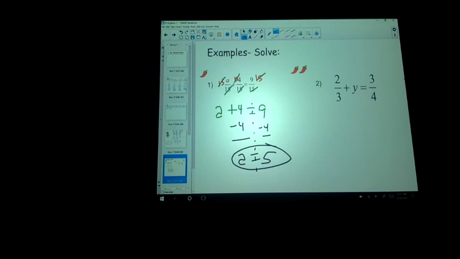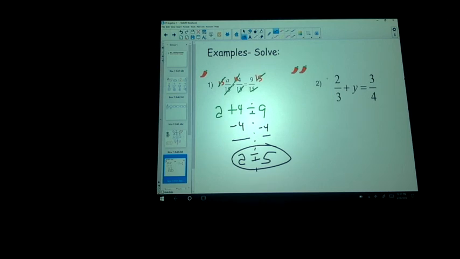Problem number 2 with the 2 chili peppers. How many terms does it appear that I have? 3. 2/3 is a term. y is a term. And 3/4 is a term. How many terms? 3. What does it appear is the smallest number that my denominators both have in common? 12.